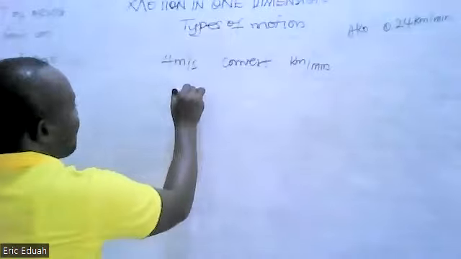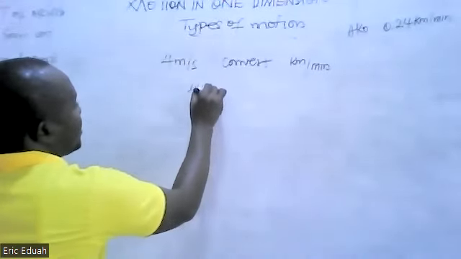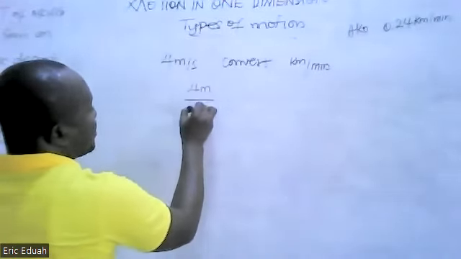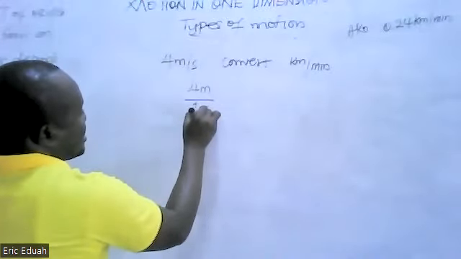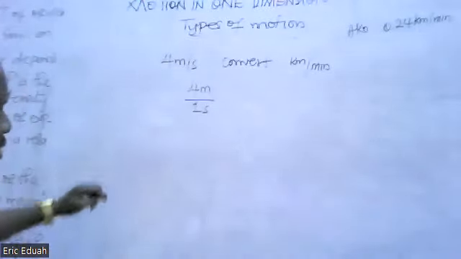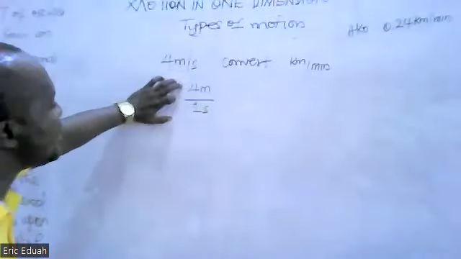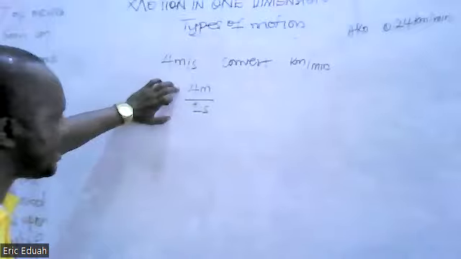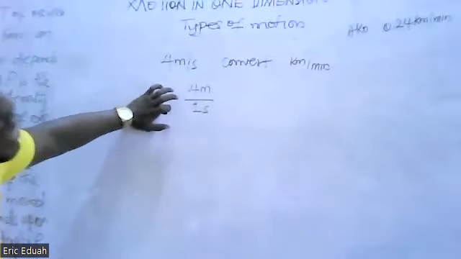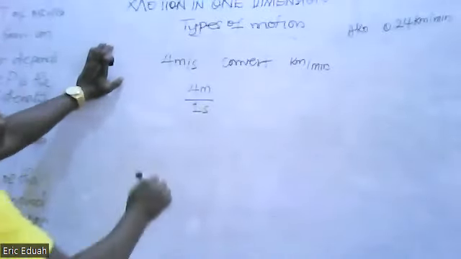So it means we have 4 meters divided by 1 second. That's what it means. So we'll convert 4 meters to kilometer, 1 second into minutes.